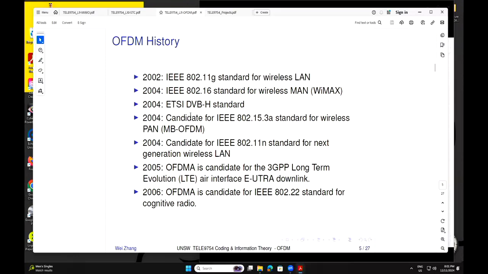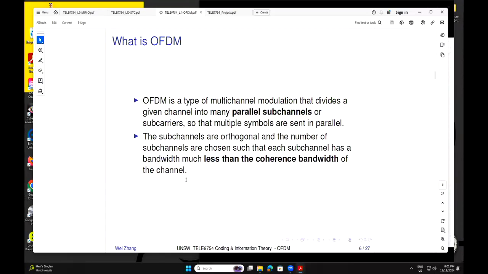And then it was also extended for WiMAX, and also 802.11n, that is multiple-antenna OFDM, and also 802.22 standards, 3GPP, LTE. So I think nowadays all the standards for broadband communication use OFDM. Yeah. Then what is OFDM?